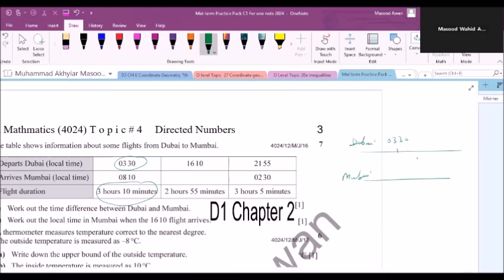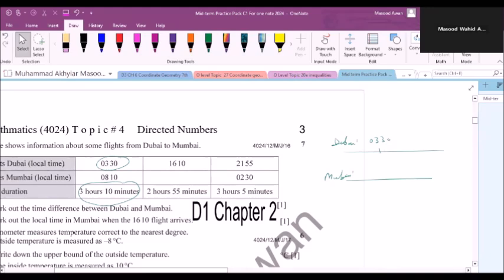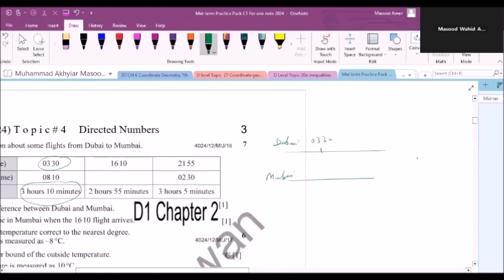It means it arrives, according to the Dubai time, if we add 3 hours 10 minutes to 03:30, we can find out the time at Dubai when it arrives in Mumbai.